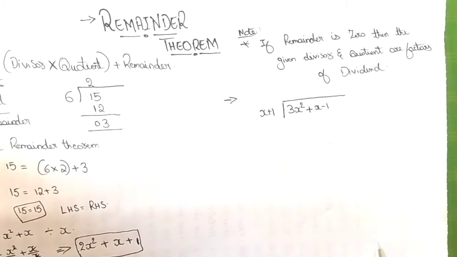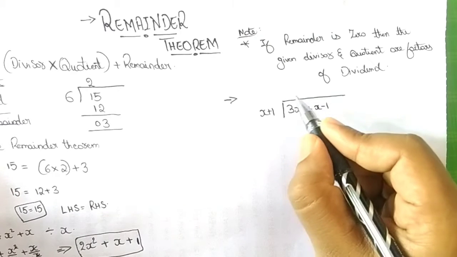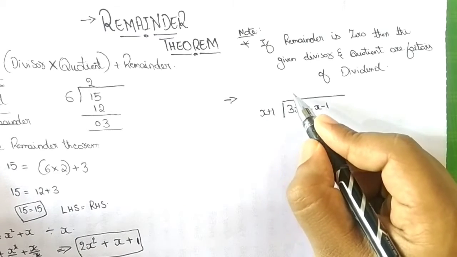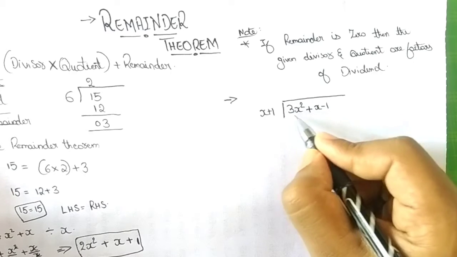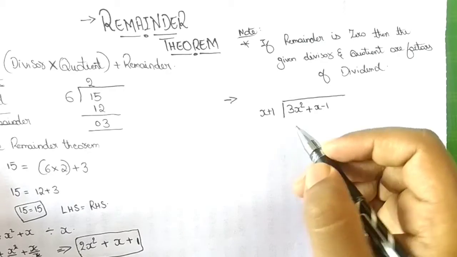The first step they have given is, you take the first term of the quotient such that this term, on multiplying with that, will give exactly the first term of the dividend.